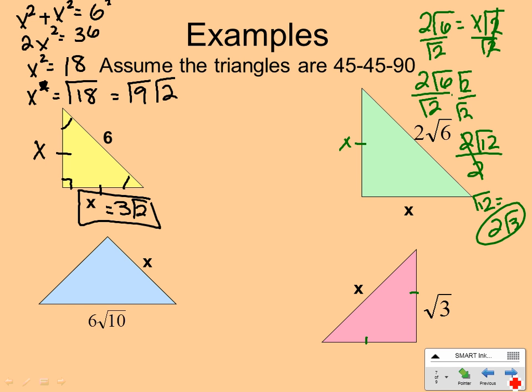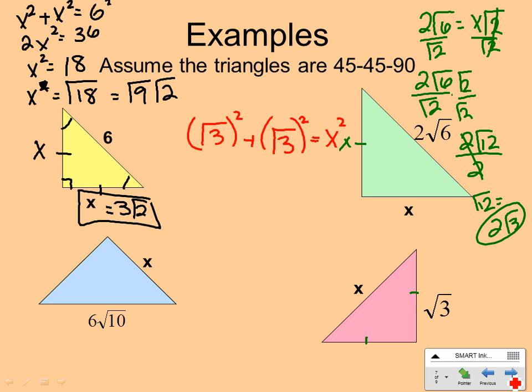Radical 3 is your side length. Absolutely. Okay? So if we set this up, now please, please, please put that in parentheses. Radical 3 squared. Put that in parentheses. Is equal to x squared.